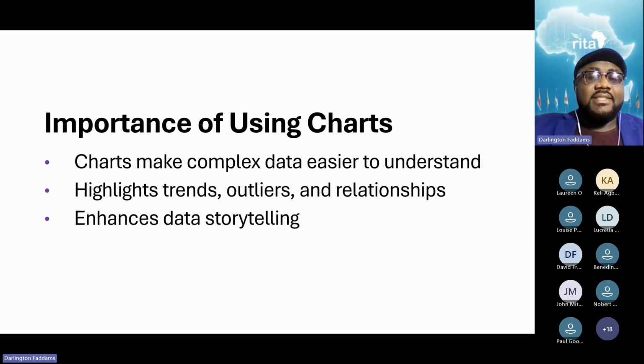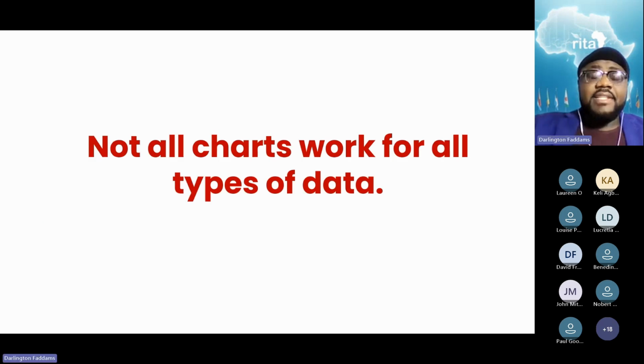And without a chart, it's going to be very difficult for you to see them from the raw data. The heart and soul of our lesson is to understand that not all charts work for all types of data. This is what we are here to understand, and also understand what types of charts are supposed to be used for different or specific types of data.